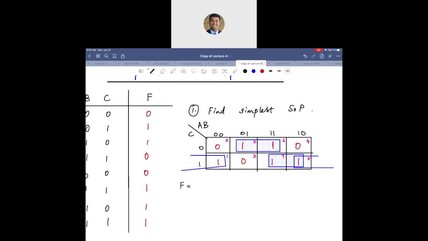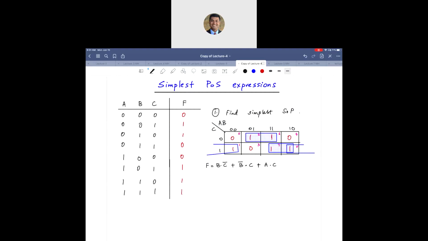F equals, for the first group, A is 0, B is 1 and C is 0, or for the wraparound I have B is 0, C is 1, and then for the group of 2 ones we decided at the very end, A is 1, C is also 1.